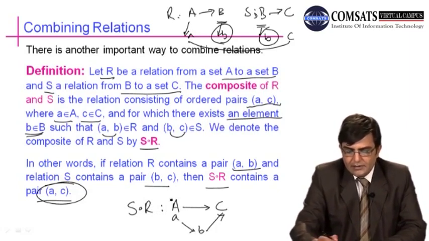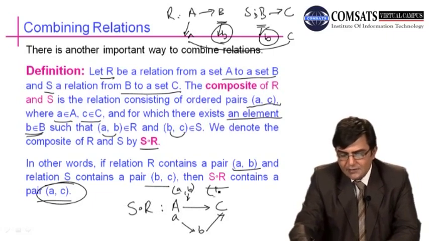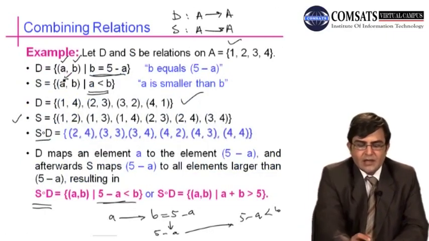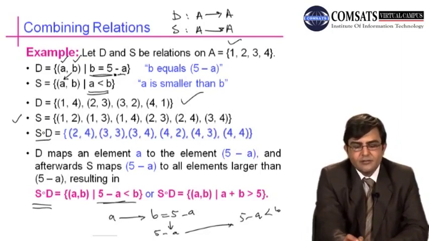So in relation R, when we apply the R relation, we have AB. Now B is the second element here in R, but in S, B will be the first element and C will be the second element. So what we have done here: A is the first element, which is, for example, 1. It will be converted to B, which is 4.